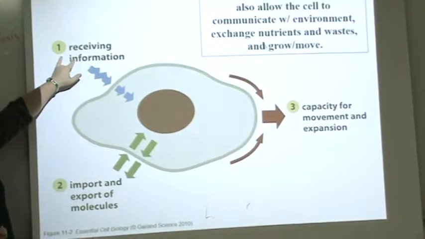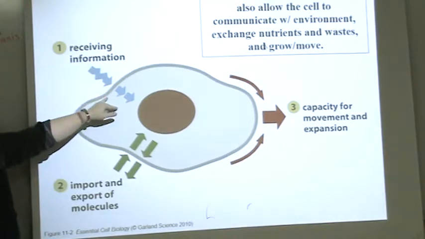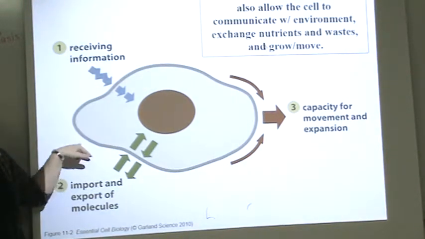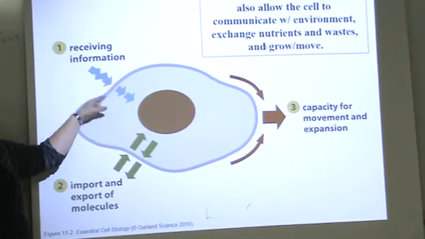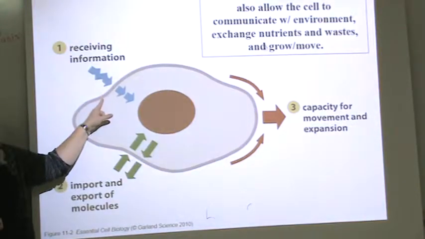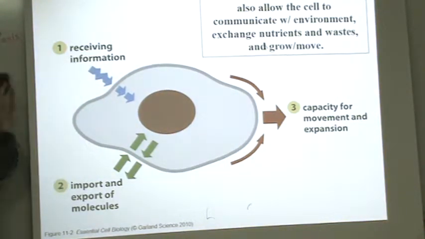sort of begs the question, well, how do you get information in and out? How do you have a barrier that also can transmit information through it? This factor of membranes largely, not totally, but largely relies on proteins that cross or associate with the membrane.